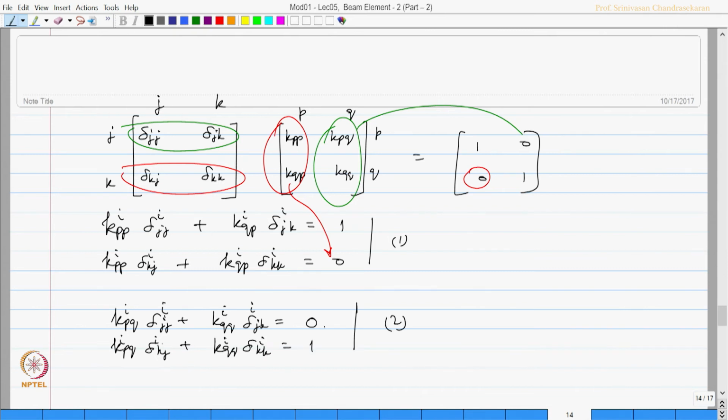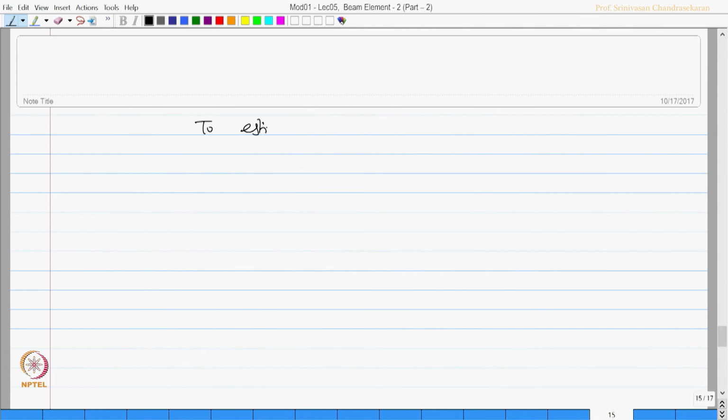The second set of equations we have. Now, I call this matrix the flexibility matrix, I call this matrix the stiffness matrix, I call this matrix identity. The subscript R stands for rotational degrees of freedom. Now, my job is to estimate the matrix dr. So, now to estimate the matrix dr, for the beam element.